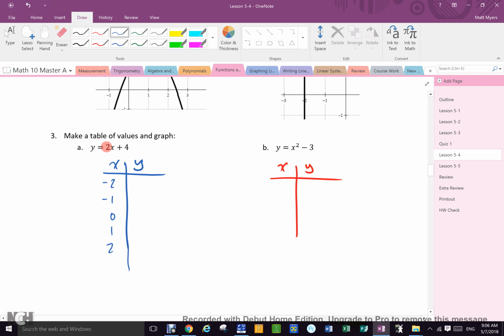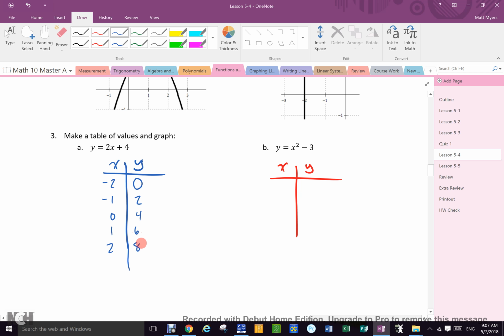What is 2 times -2? -4. What is -4 plus 4? 0. Okay? What is -1 times 2? -2. What is -2 plus 4? 2. What's 0 plus 4? 4.